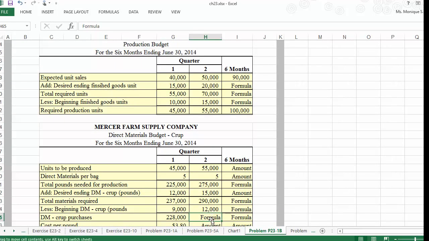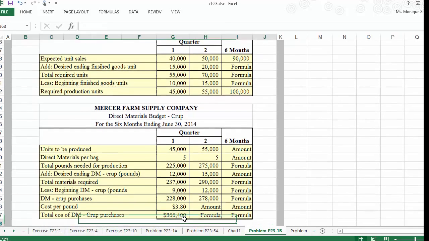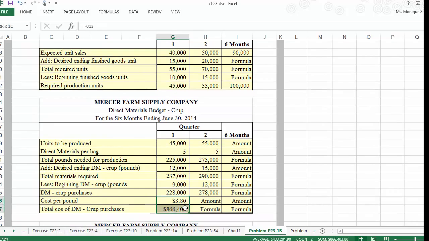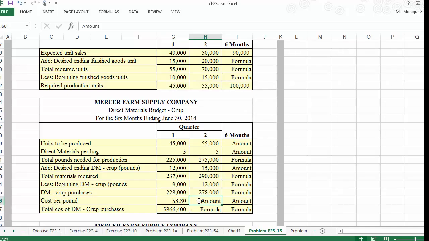And then we will take the difference, so 290 minus the 12, that leaves 278. And then the 278 again, we're going to use the 380 price and multiply it. And for the formula, I'm just going to copy it over.